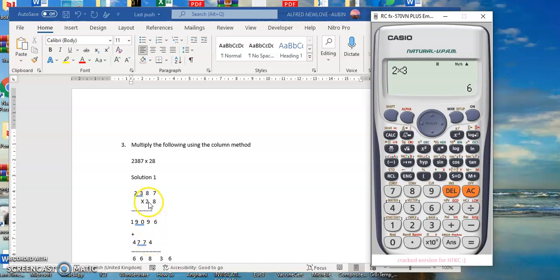Now, look at how I arrange it. This 4 must go under this 2. You see that this 6 must go under this 8. So the arrangement is important. So now I've arranged it nicely. Now I'm going to add. I'll have my 6 here.